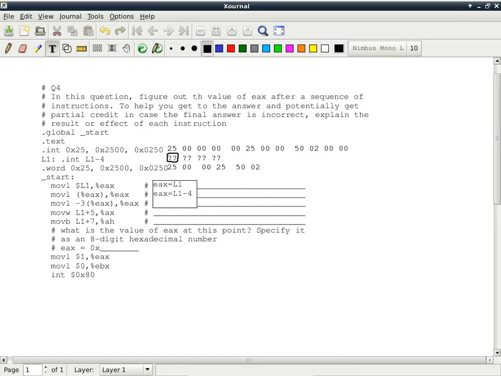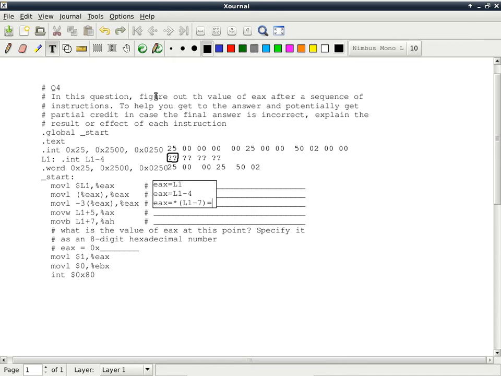So where am I copying from? L1 minus 7. So now we can say EAX is the same as dereferencing L1 minus 7 if you want to use C terms. And that location turns out to have what content? What will be the value ending up in EAX?